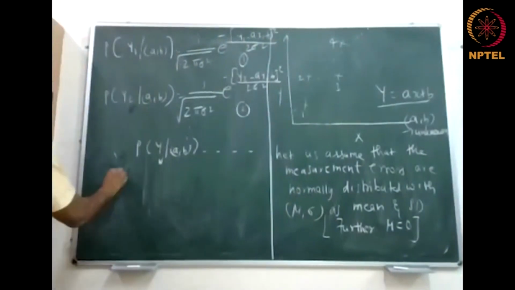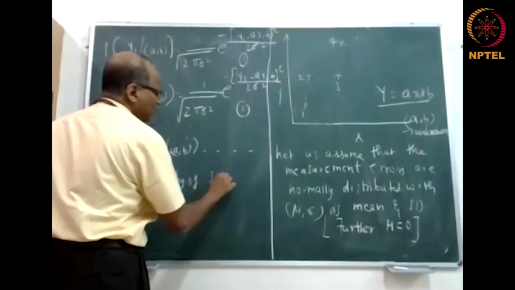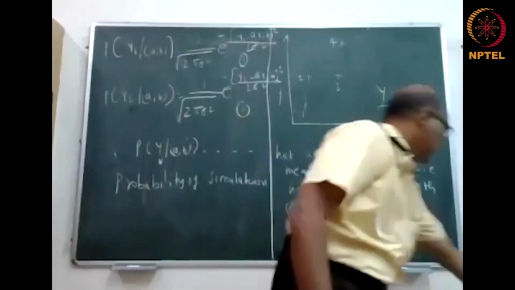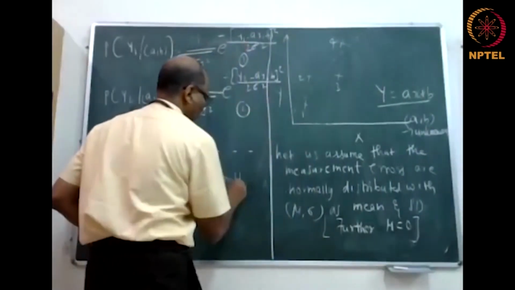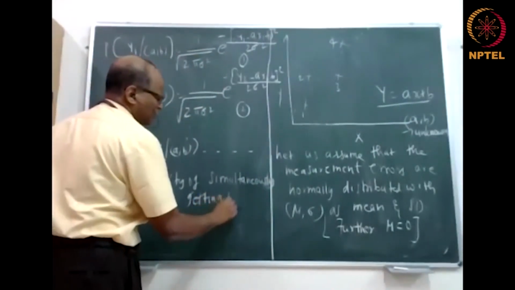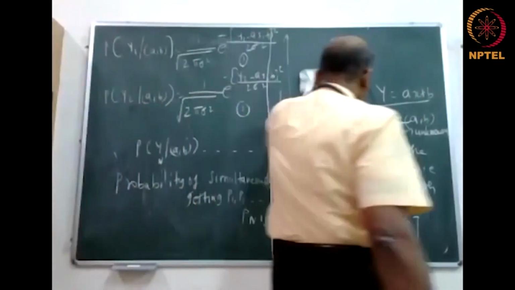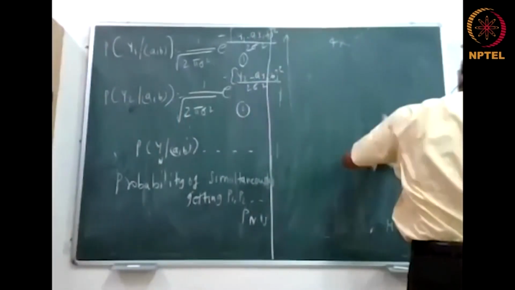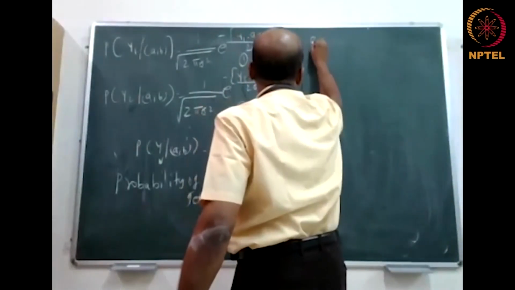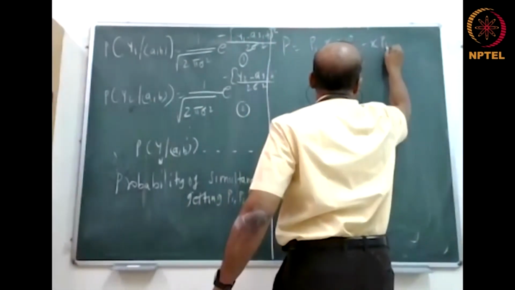Now, the probability of simultaneously getting P1, P2 up to Pn is simply P equal to P1 into P2 up to Pn.